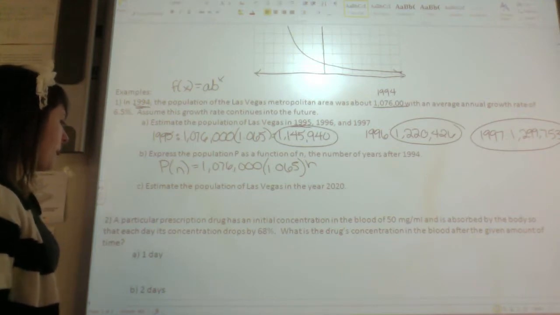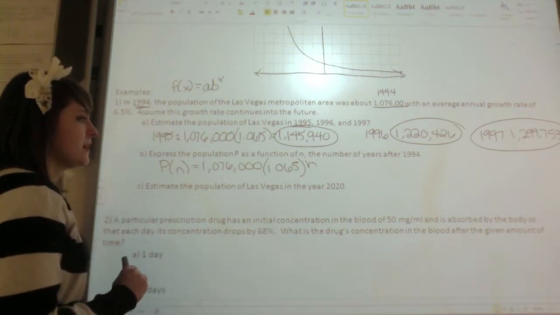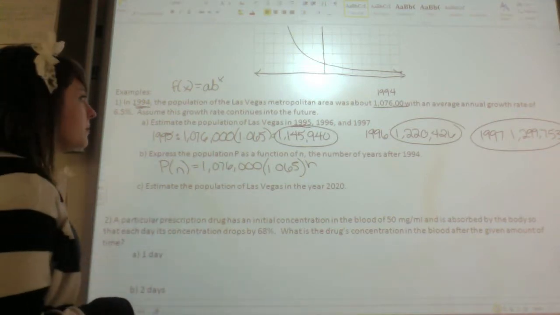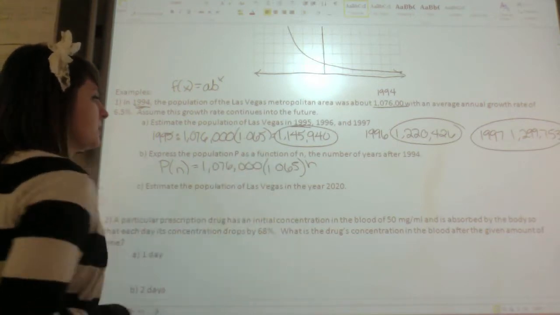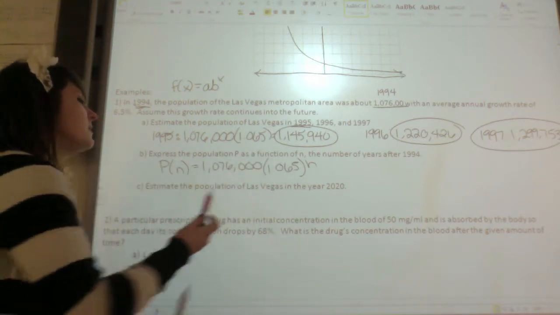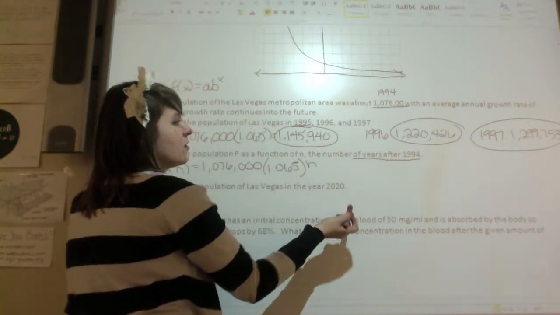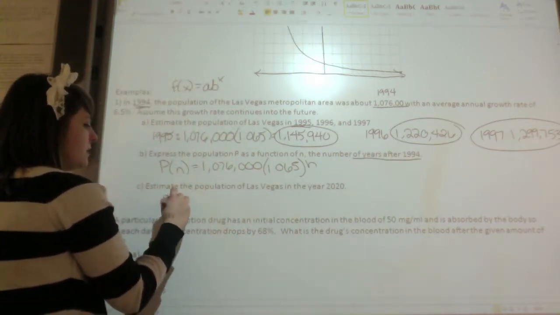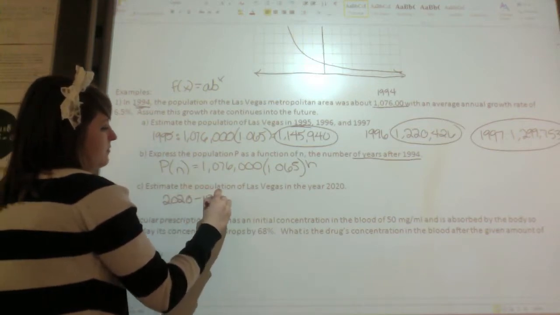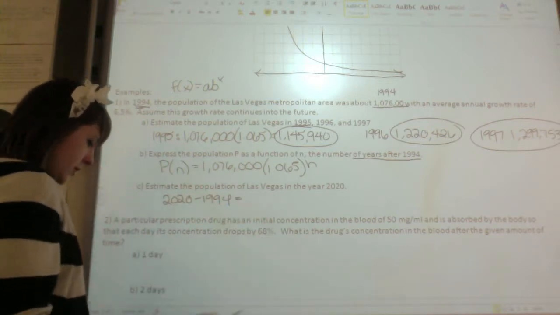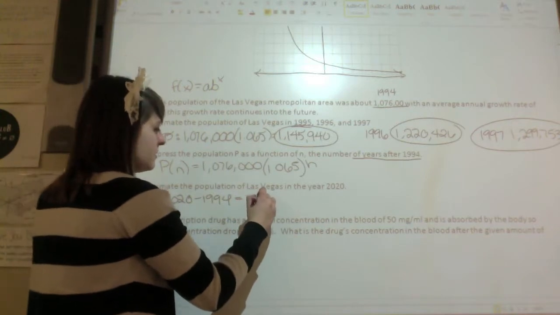So this function is going to model my population growth. Now I can estimate the population of Las Vegas in the year 2020, because I can just plug a number into this function. So remember that this is the number of years after 1994. So I need to figure out what my n value is. If I take 2020 minus 1994, you should get that your n value is 26.